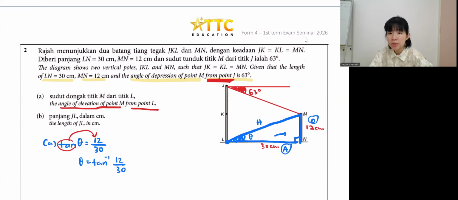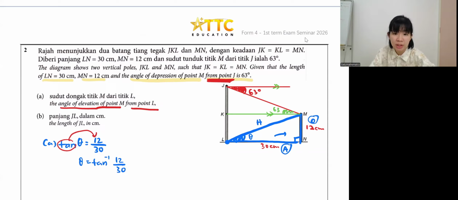Can you just write 63 or not? No. Actually, why do you think this angle is 63? You mean this angle? No lah, cannot. Okay, if given this is 63, where is 63? Not this one. But here, from M, if you want to know where is 63, you're going to draw another horizontal line from M. When these two are parallel, then only zigzag, then this one is 63.